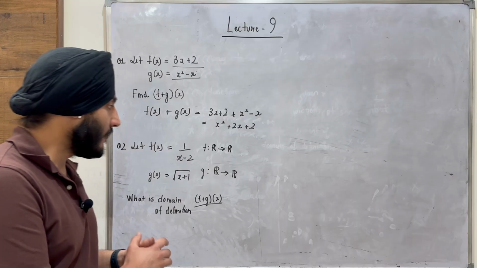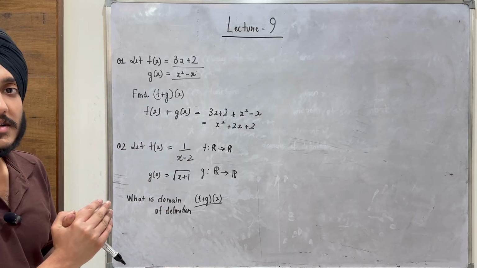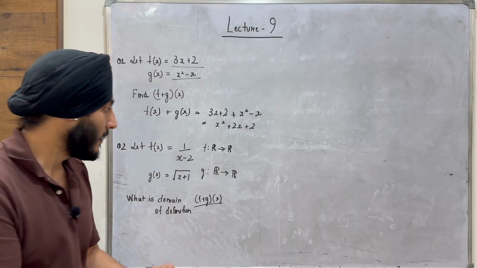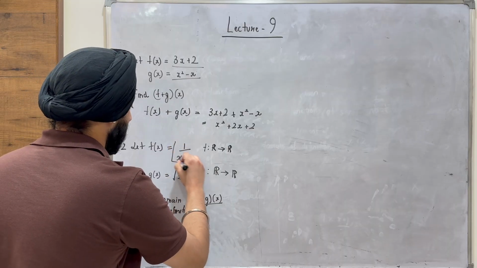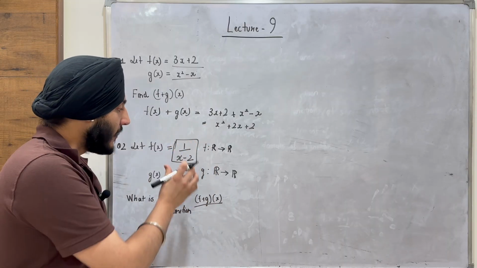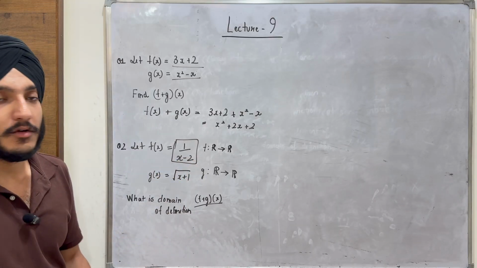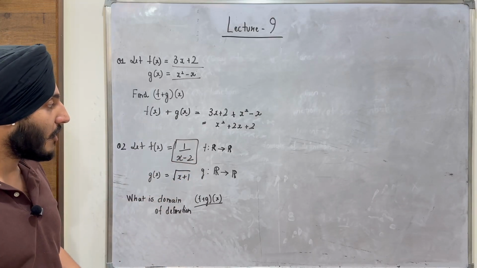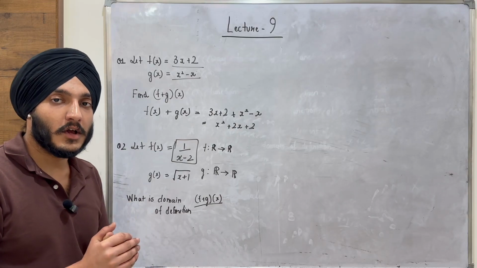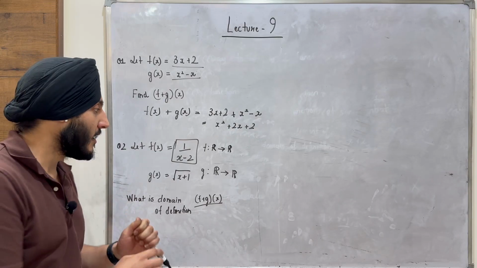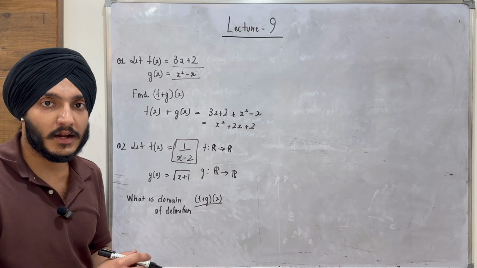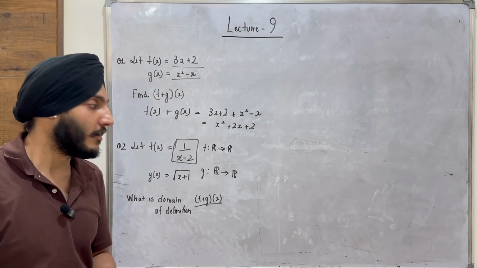Now, what is the domain of definition? It basically means all those elements that are going to have an image. Think about this over here. When do you think 1 by x minus 2 can be undefined? Is there any value where this can be undefined? If you remember rational numbers, there's one single condition where they can be undefined: when there's a 0 in the denominator.